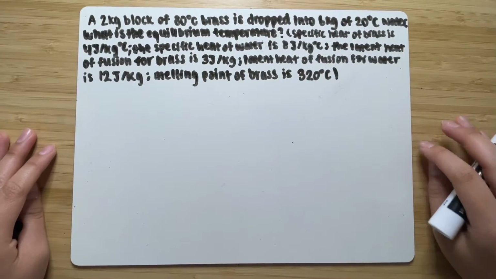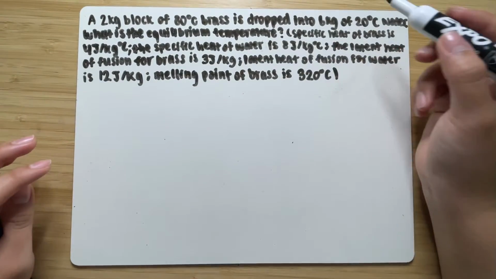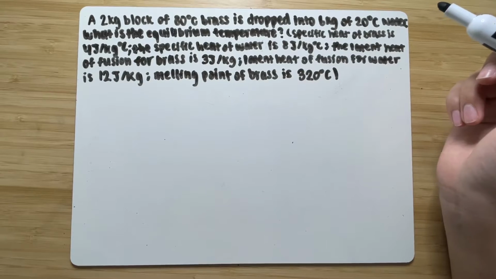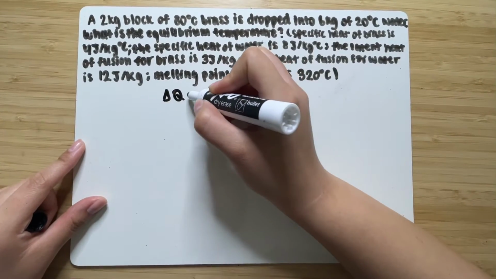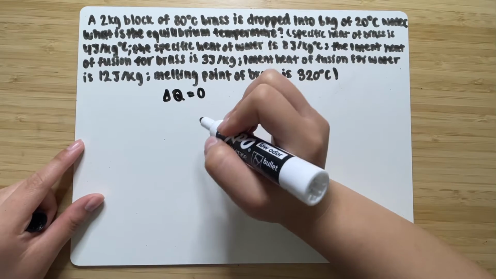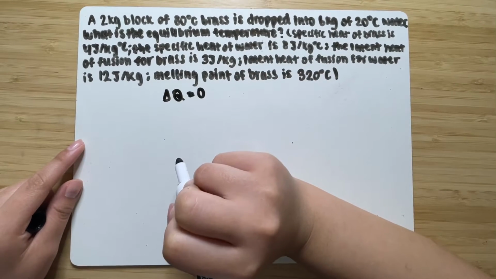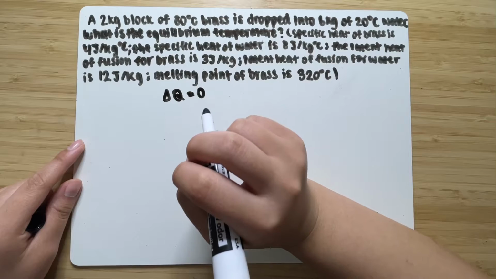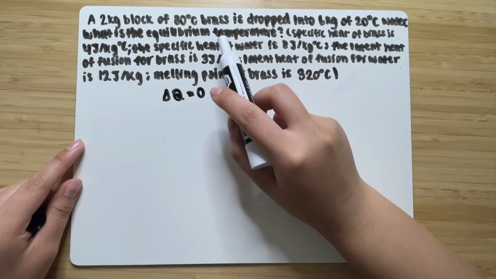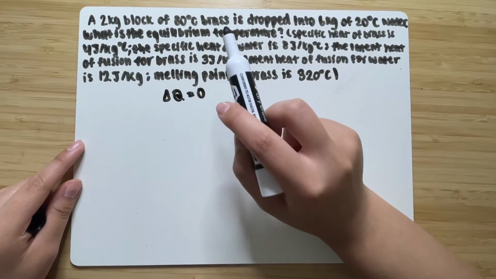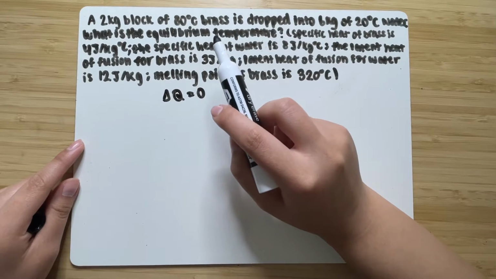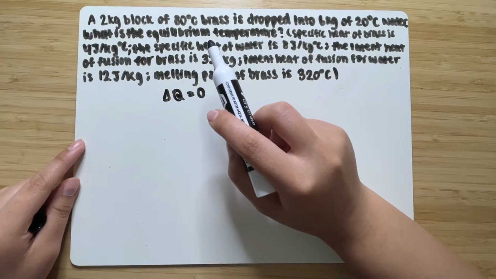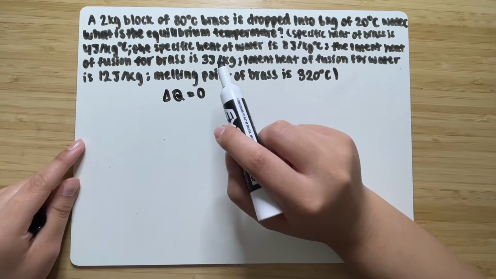Same thing with this problem, whenever we have an equilibrium system, the change in heat is equal to 0. However, the object in this scenario does not change its state, because brass will always stay solid even if it's dropped into water.